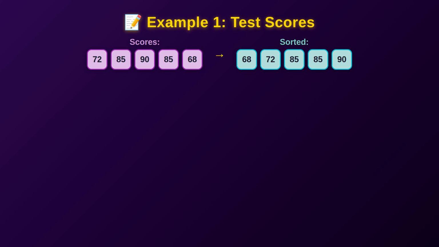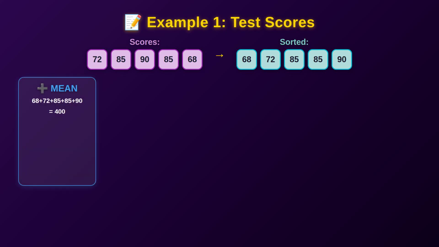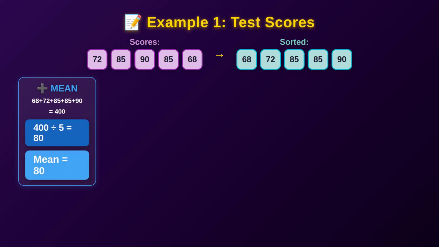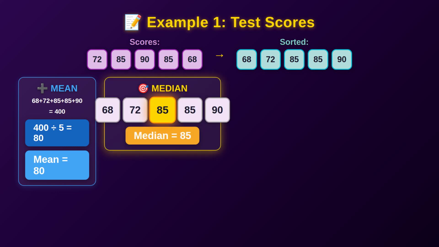Just like a problem Maya might see on her math test, here are 5 test scores: 72, 85, 90, 85, and 68. First, let's sort them from least to greatest: 68, 72, 85, 85, 90. Now the mean.